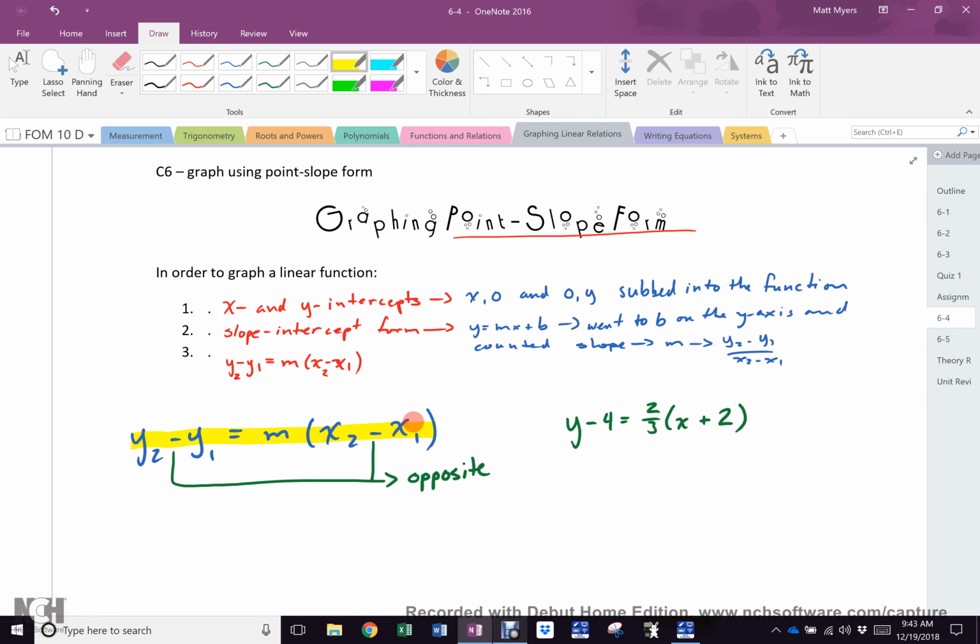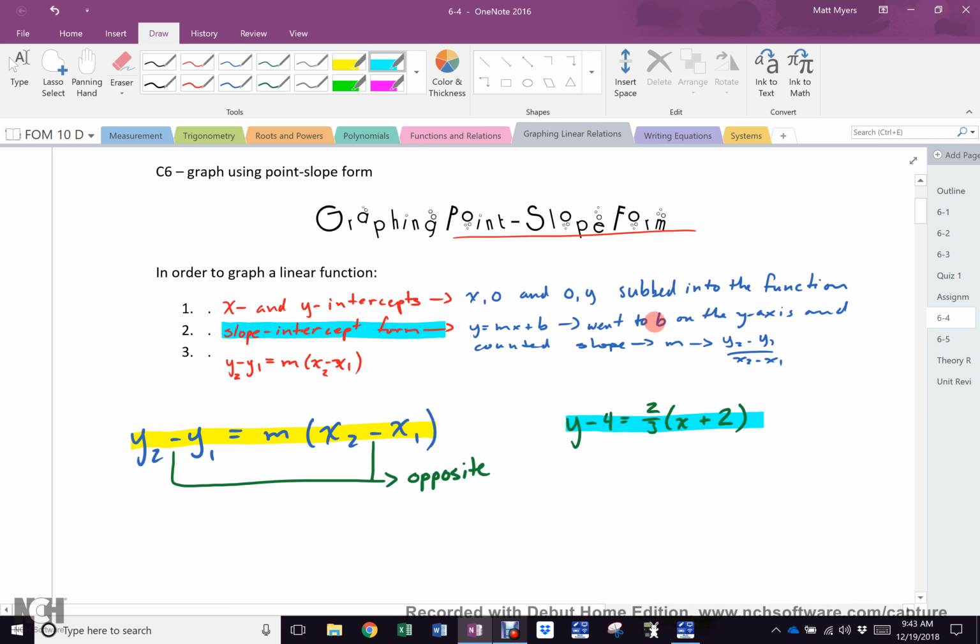I am telling you right now that this form, we could graph it right now without a table of values. One of these others, for example, slope-intercept form, I can graph just by looking at the equation, yes?